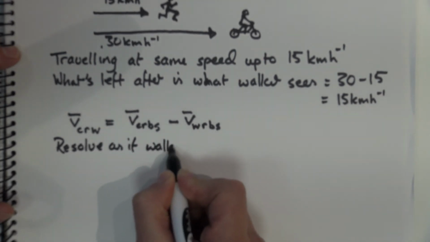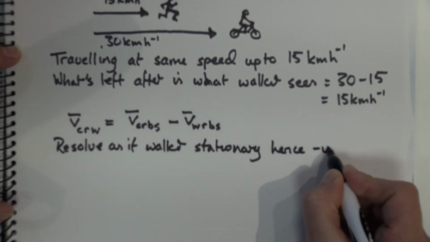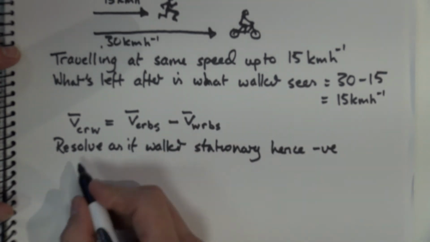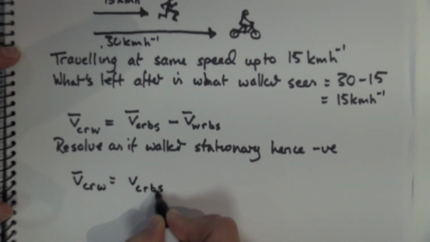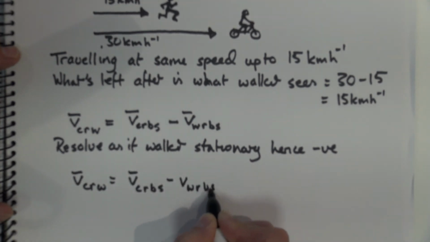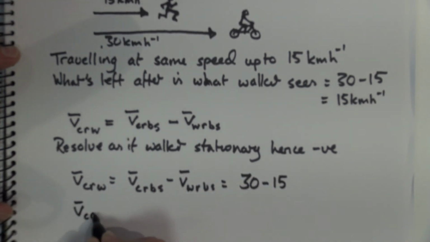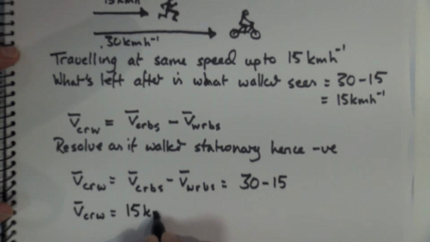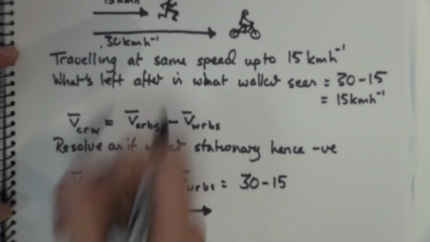Now if we resolve these as if the walker is stationary, we have that negative value, which means we take it away from 15, so it would be 0. So we get VCRW equals VCRBS minus VWRBS, which is basically 30 minus 15. So the velocity of the cyclist relative to the walker is 15 kilometers per hour.